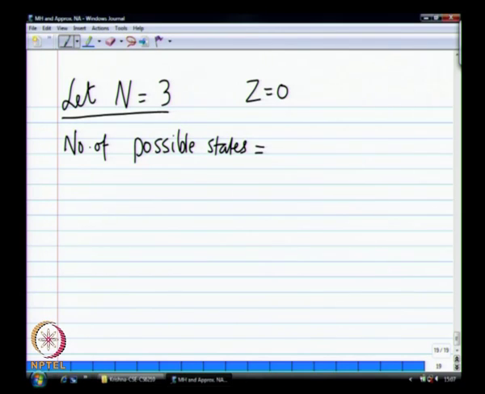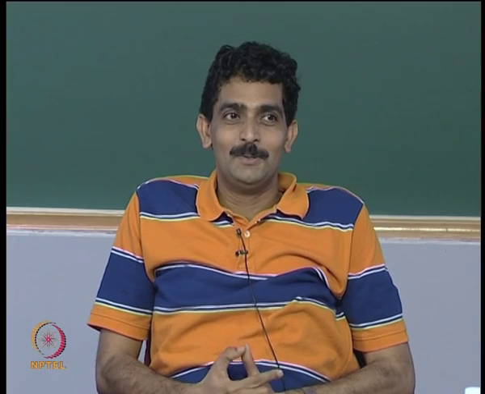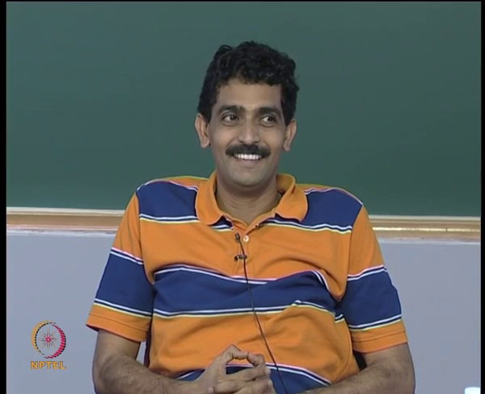So I have n objects that can be distributed among m queues. What is the number of ways in which you can do that? 5C2, okay, good. So how did you get that?